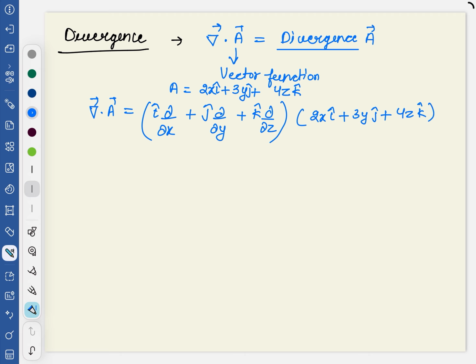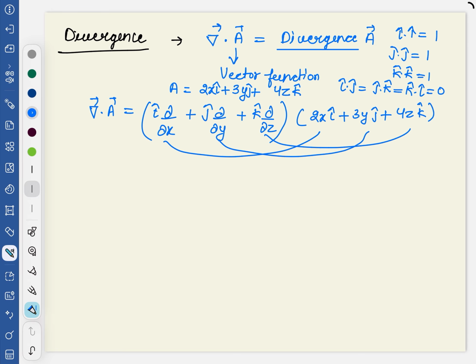And we know i dot i is 1, j dot j is 1, k dot k is 1, and i dot j, j dot k, k dot i are 0. So we will operate it: i dot i, j dot j and k dot k.